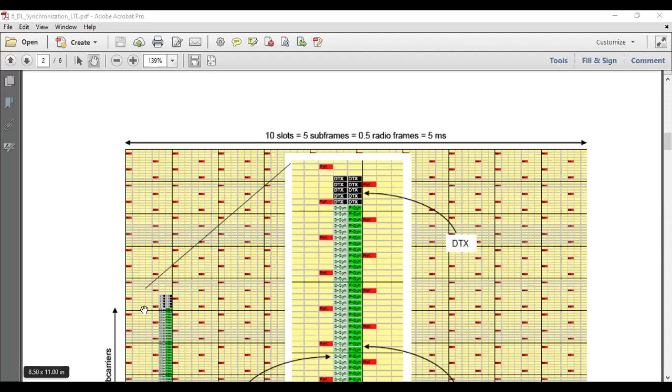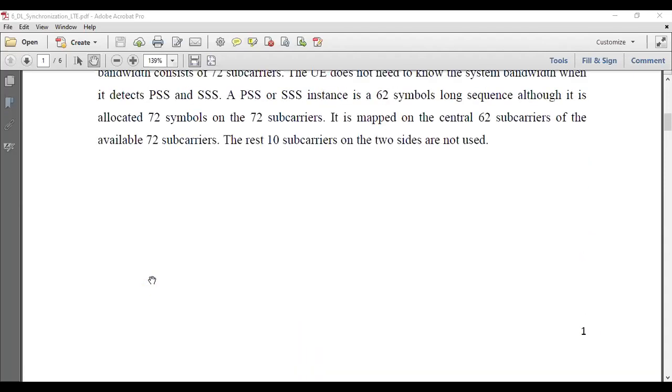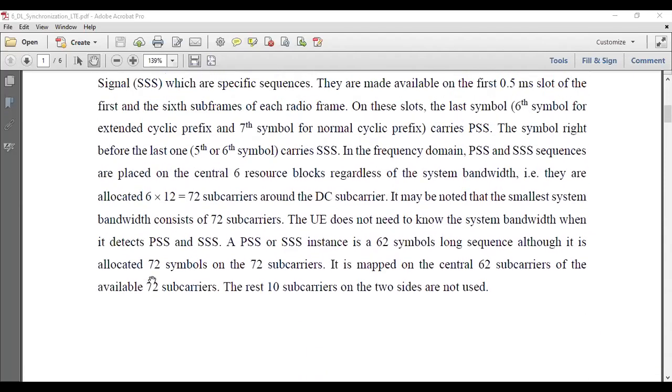That is one purpose of synchronization. Secondly, there should be different identities of the cells in a neighborhood so that the UE can distinguish them when it is in its initial operation.